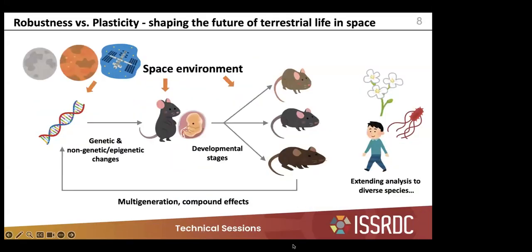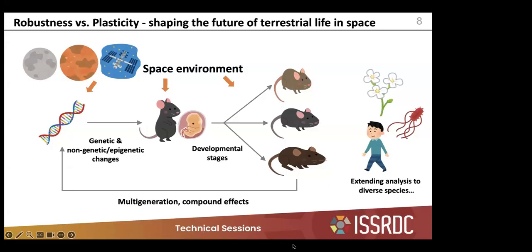To understand the future of life in space, we must consider both robustness and plasticity. Space environments affect genes, epigenetics, and developmental processes across generations, leading to compound effects.